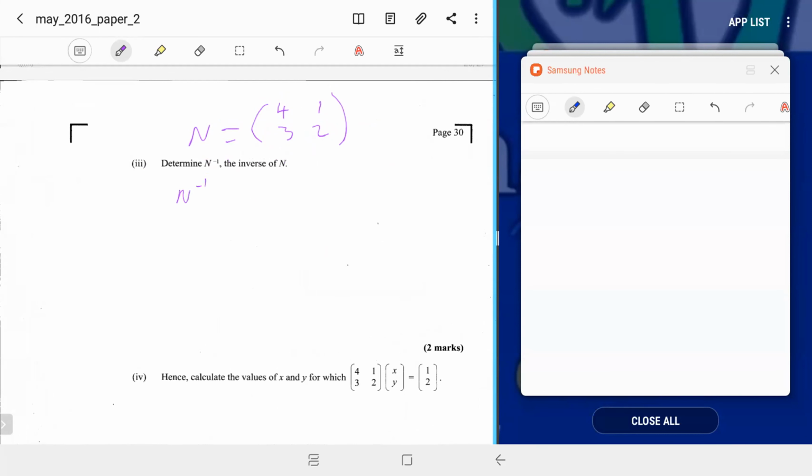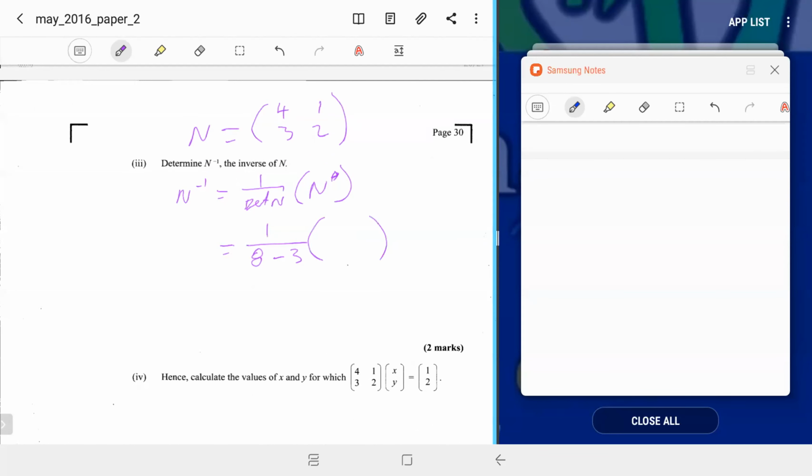N to the minus 1 equals 1 over the determinant of N multiplied by the adjoint of N. Adjoint is with an ADJ. Ready? 1 over the determinant. What's the determinant? This product minus this product. 4 times 2 is 8, minus 3 times 1 is 3.